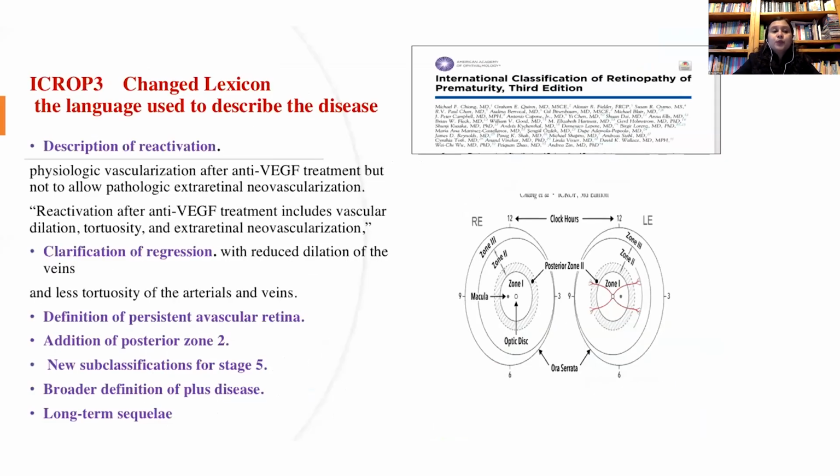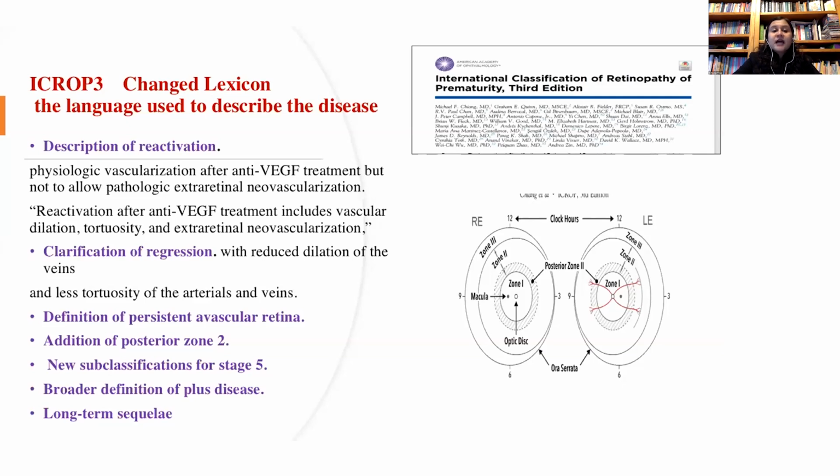In 2021, the ICROP 3rd edition came, which changed the lexicon because of the increasing use of anti-VEGF in the treatment of ROP. So there is a description of reactivation, and one has to see whether there is physiologic vascularization after anti-VEGF treatment or whether there is any other pathologic extraretinal neovascularization going on.